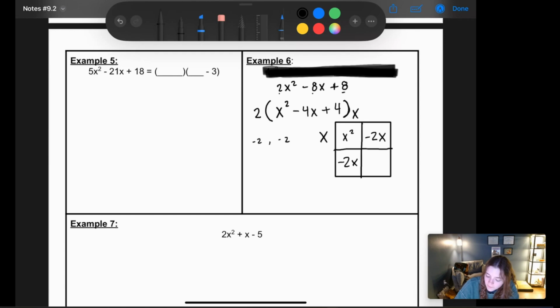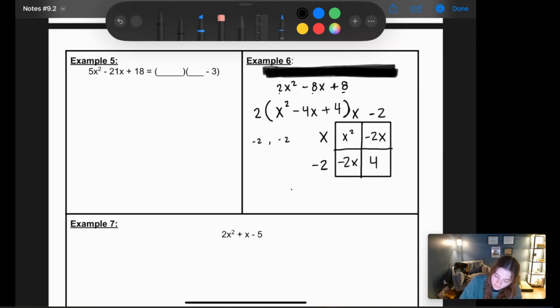So how can I get from x to negative 2x? By multiplying it by negative 2. Okay? And then here, so x, and then how would I get to positive 4 here? I want to make sure that that's positive 4. That's going to have to be negative 2.